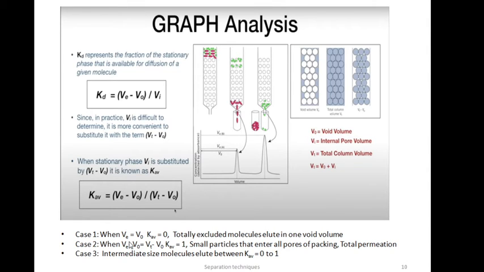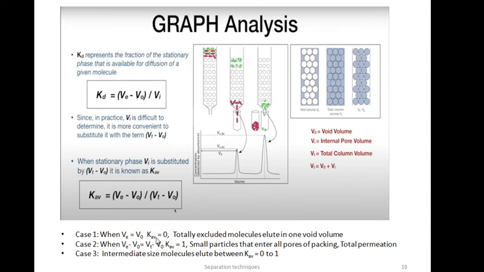Case 2. When this minus this is equal to this minus this, so when this difference is equal to this difference, what will happen? KAB will be equal to 1. Which means small particles that enter all pores of the packing are going to come out at that time when KAB is equal to 1, and hence it is called total permeation.